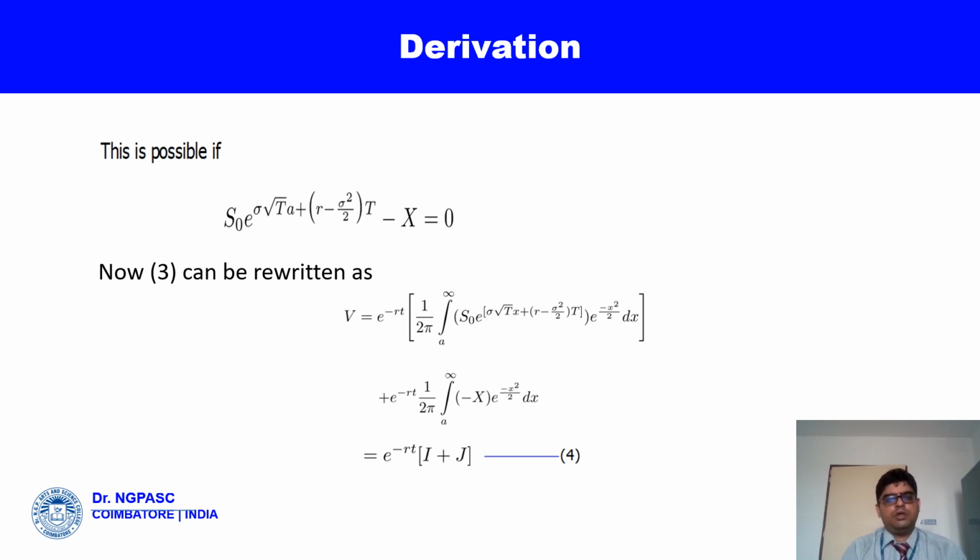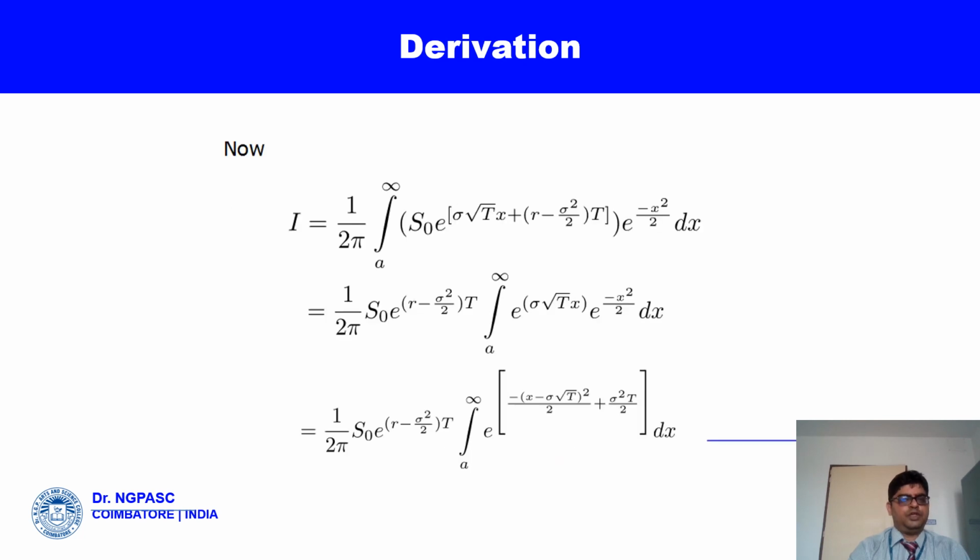Now you have to find the integral values. Split the integral into two parts: minus X into one integrand and the remaining thing as another integrand. So e power minus rT into I plus J. Find the value of I. Here we have to use the substitution process as well as the property of the normal random variable.